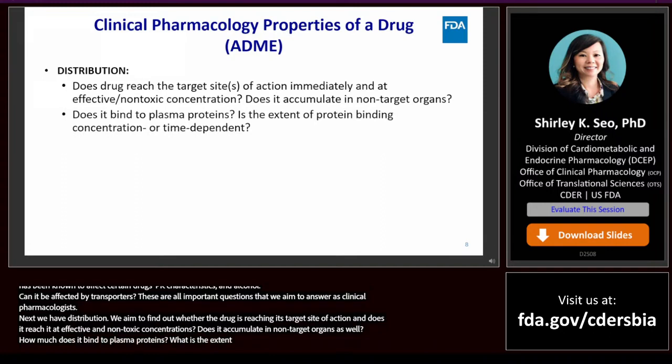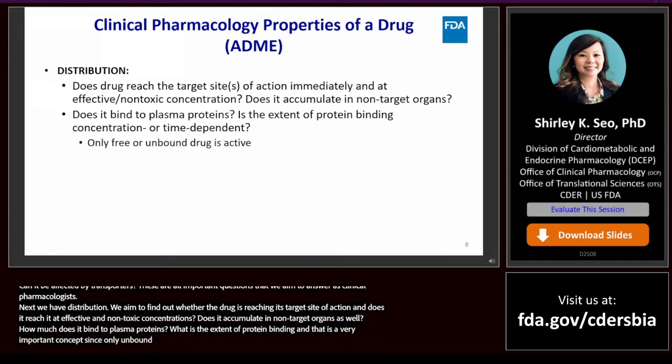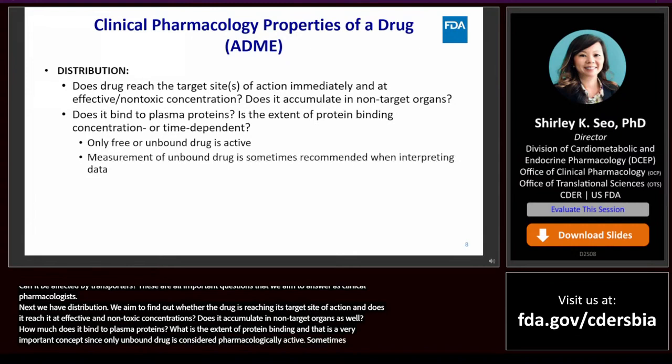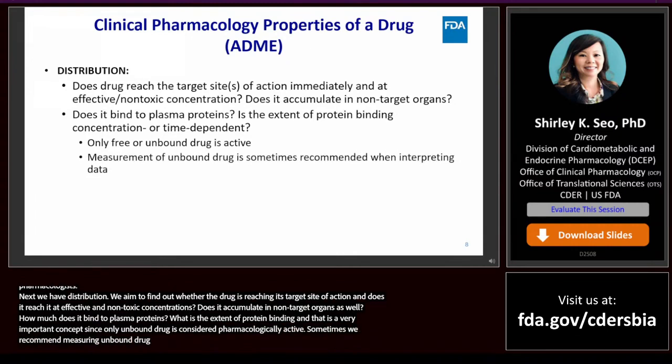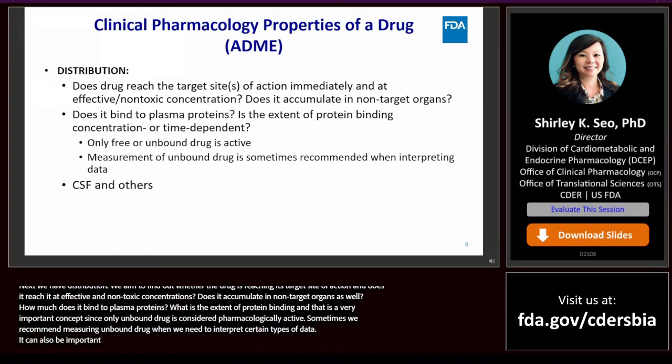And that is a very important concept, since only the unbound drug is considered pharmacologically active. Sometimes we recommend measuring unbound drug when we need to interpret certain types of data. It can also be important to know if certain drugs are reaching the brain or the central nervous system via the CSF.